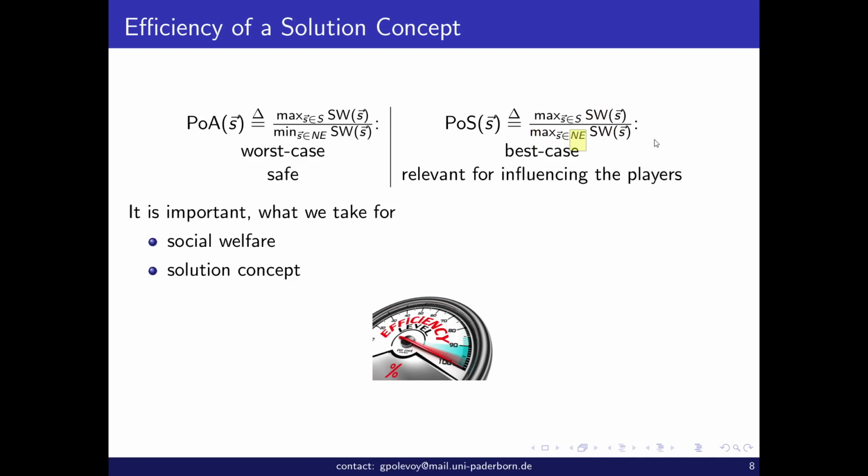We can look at any other set of equilibria of any other solution concept in general, and these notions will measure what happens there. By the way, of course, this is not defined for games with empty equilibria.